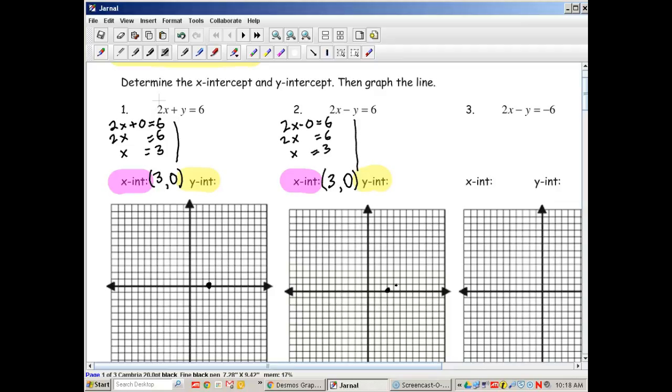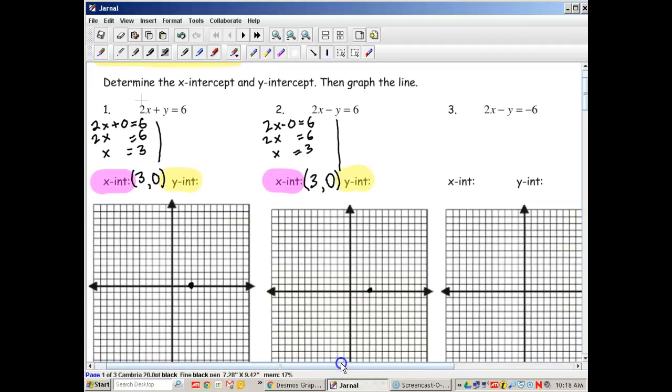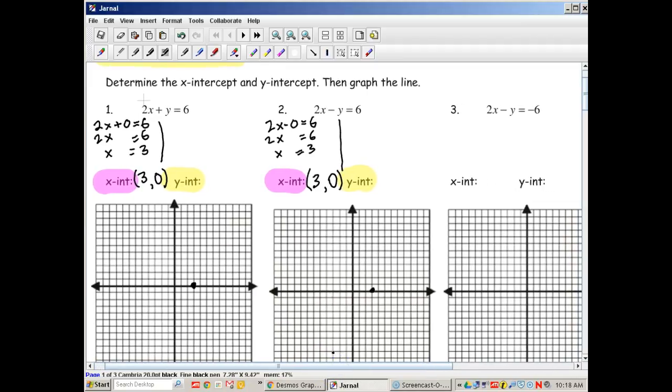Try number 3. Go ahead and find the x-intercept on number 3. See how that goes. So 2 times what is negative 6, and you get negative 3.